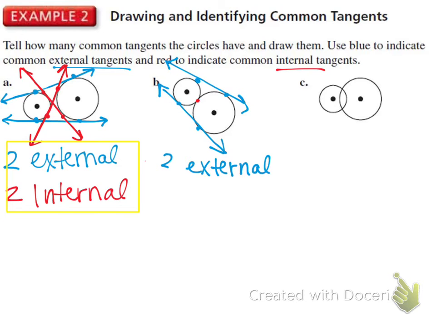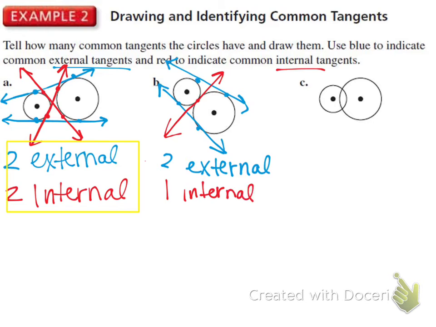Well, the correct answer is just straight through the point that they share. Oh, for real? For real. There's only one internal. I thought there was three. There's just the one.